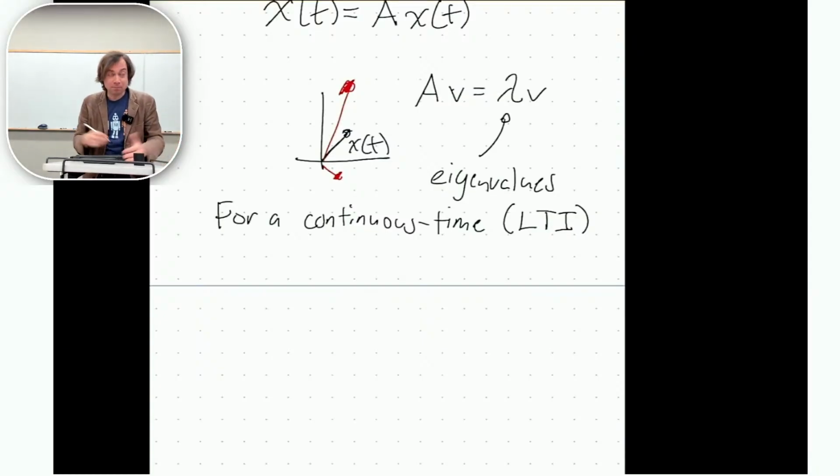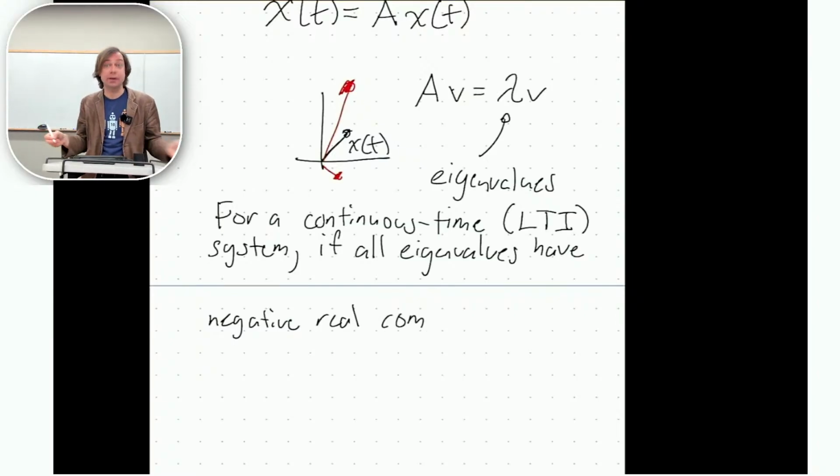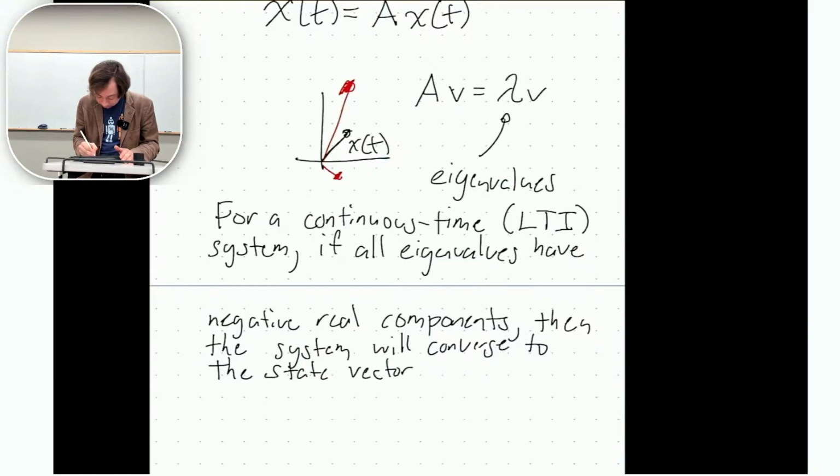Okay, for a continuous time LTI system, if all eigenvalues have negative real components, because eigenvalues can be complex, they can have imaginary components, then the system will converge to the state vector of zeros.